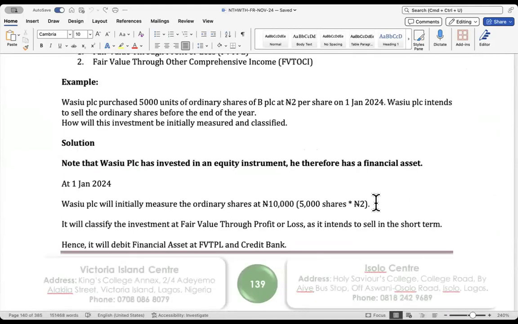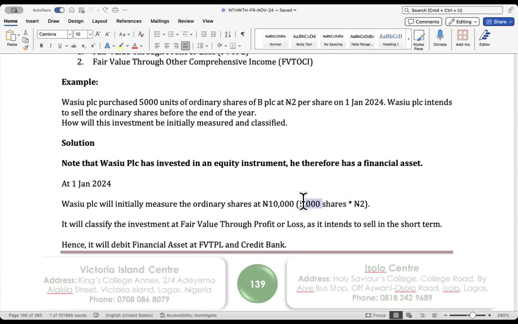The shares might have changed to, let's say, 3 naira. So when the shares increase to 3 naira, this 10,000 you recognized at the beginning, will it remain 10,000? No, it will have increased to 3 naira times 5,000, which is 15,000. That means you have made a gain of 5,000.